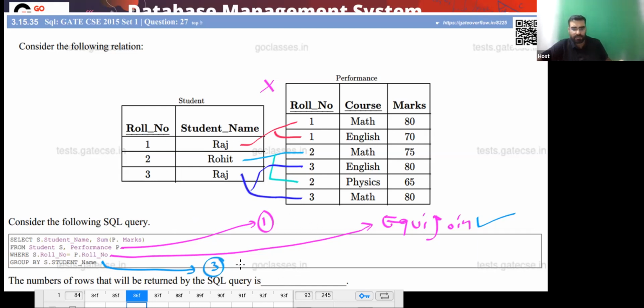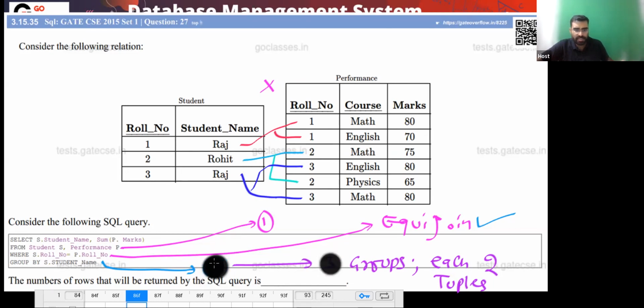So how many groups are there? 3 groups, each containing 2 tuples. Every group will have 2 tuples. Oh, Raj, the name is same. Raj. So there will be 2 groups.